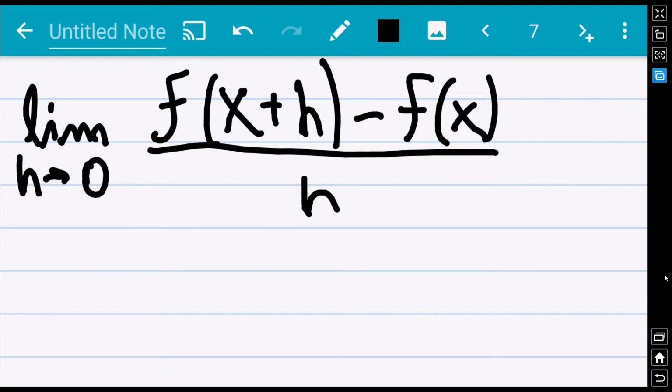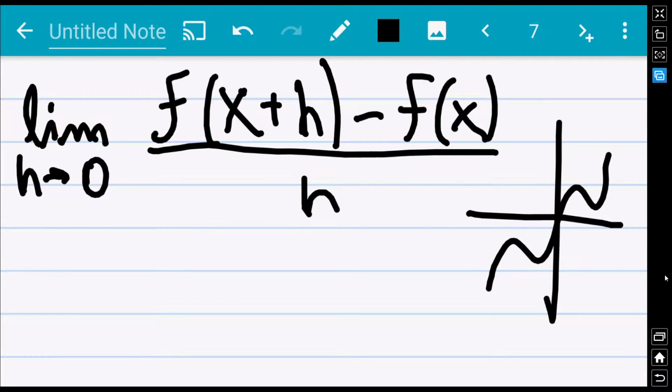What does this mean? Well, that means that we have a graph and we take one value here. That is f of x. F of x plus h, let's say if we say as h approaches 1, then it's going to go over here. But if we zoom in here for a second, we can see it goes like this sort of, right?